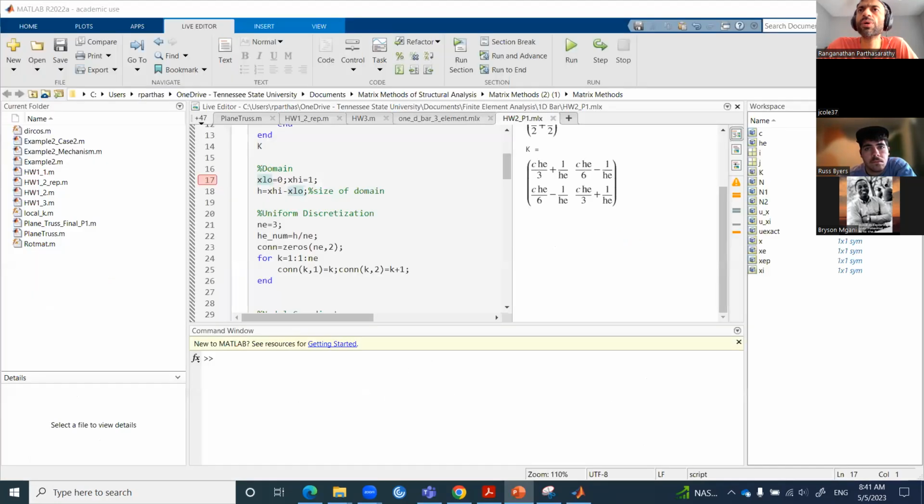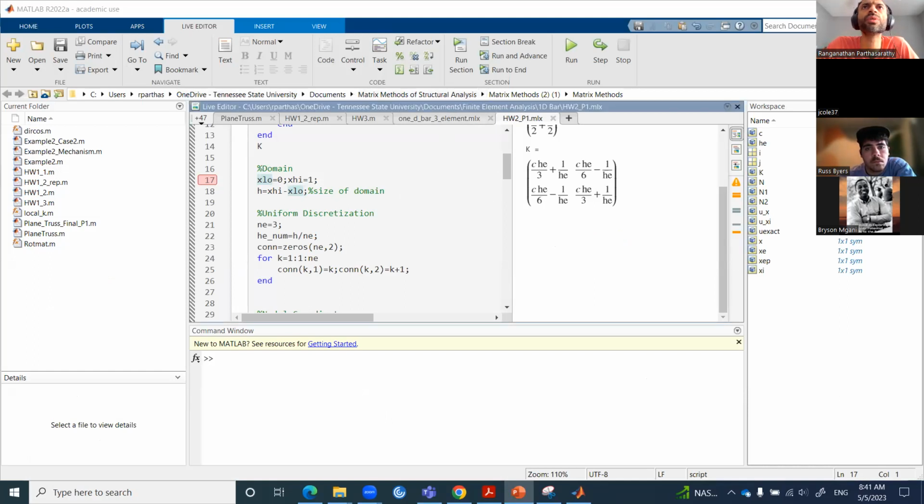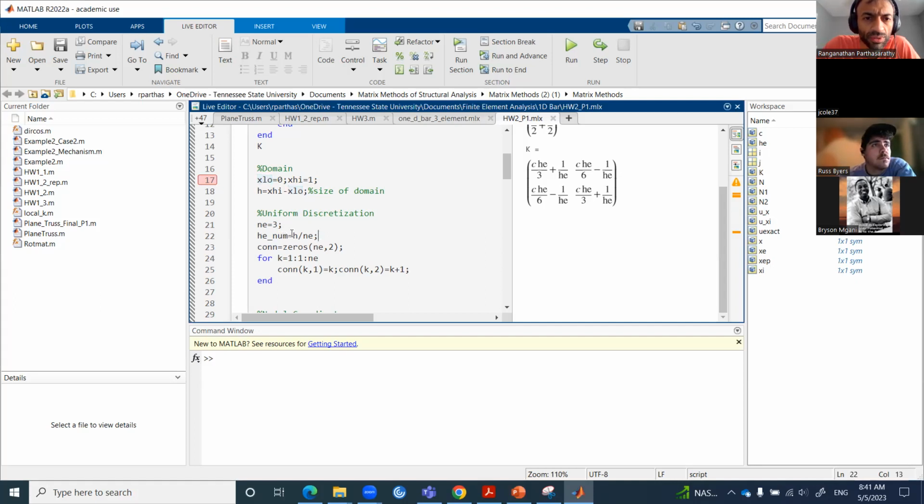Now, it's 0 to 1. Ours is also 0 to 1. So this is okay. Domain size, discretization, 3 elements. So that's okay. Then HE numerical is H by 3, uniform. Each element is equal in size. Then 1 to number of elements.